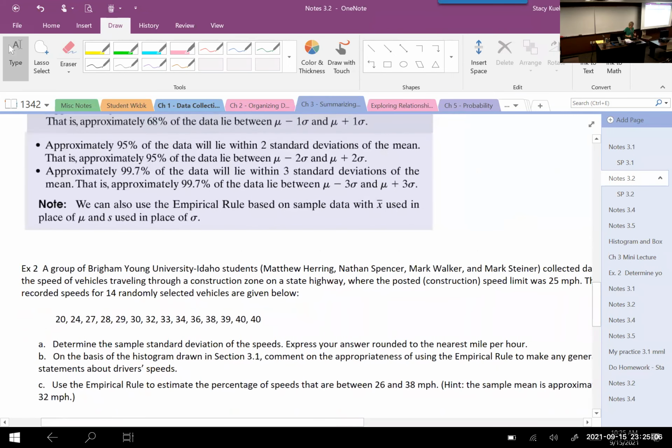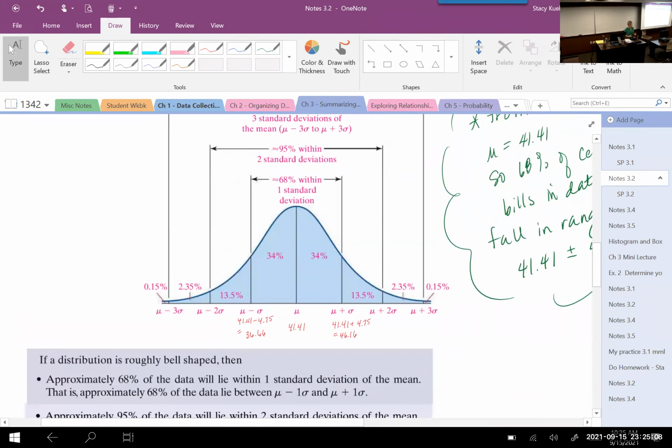Now notice that with the empirical rule, what kind of shape was this? Normal or bell-shaped, okay? We're not saying that this works on skewed data. It doesn't work for skewed data. It only works for normal, bell-shaped data, okay?